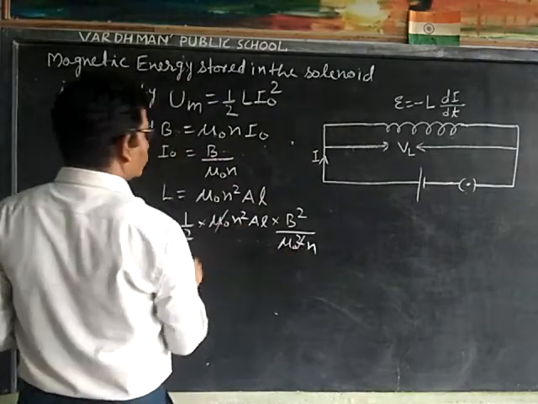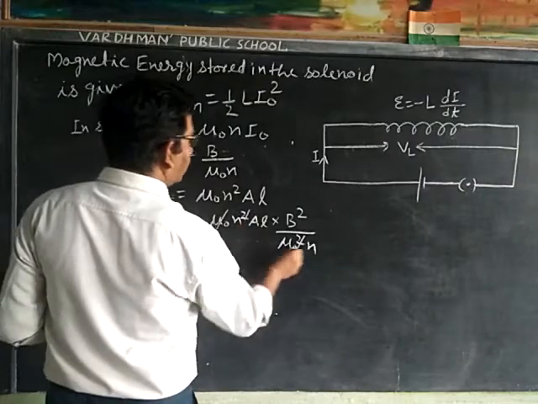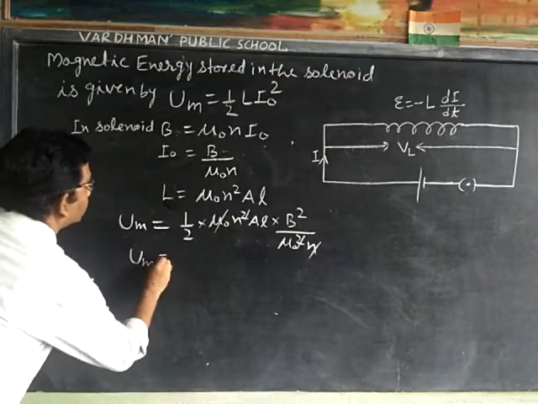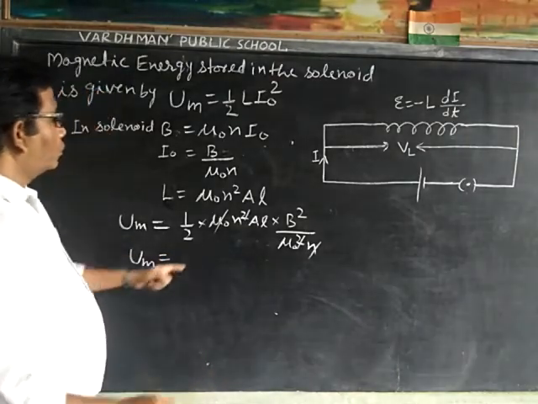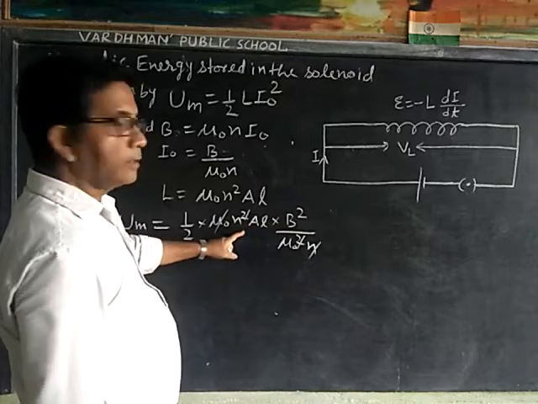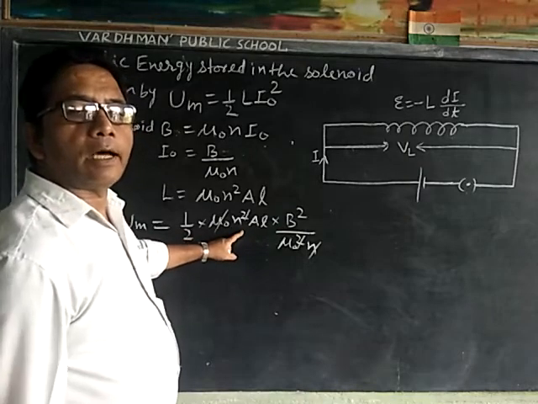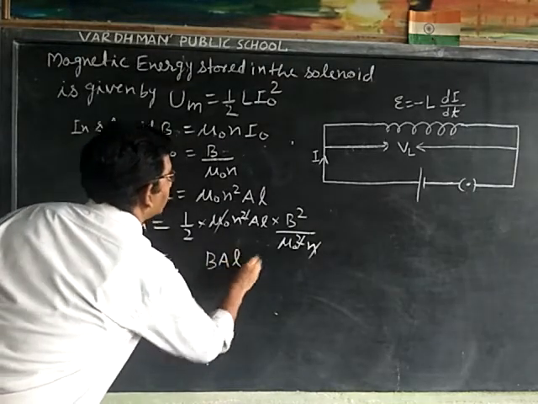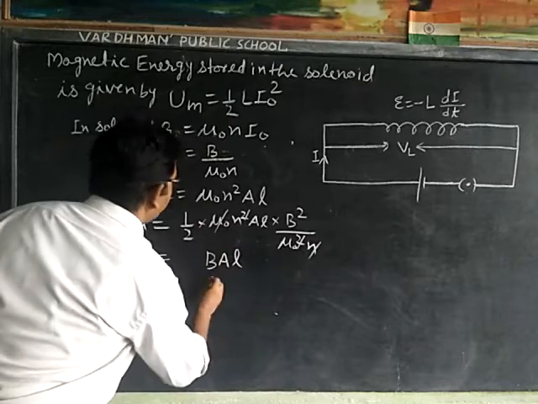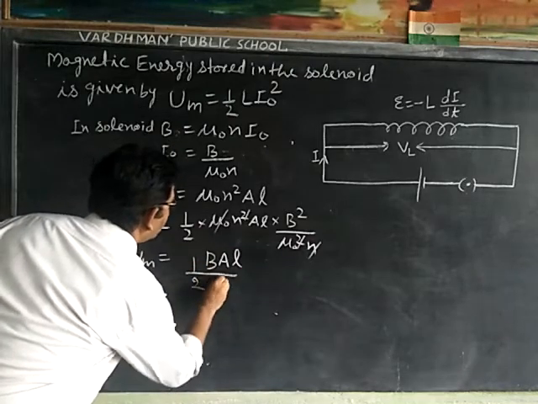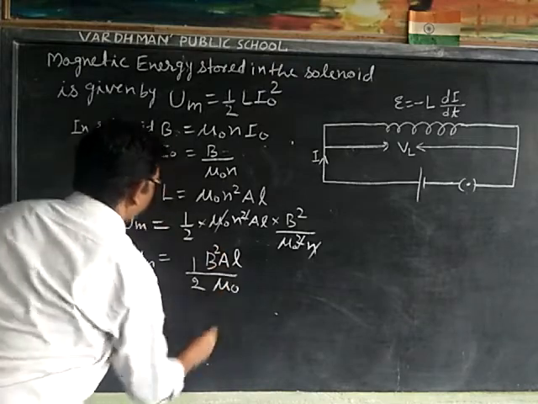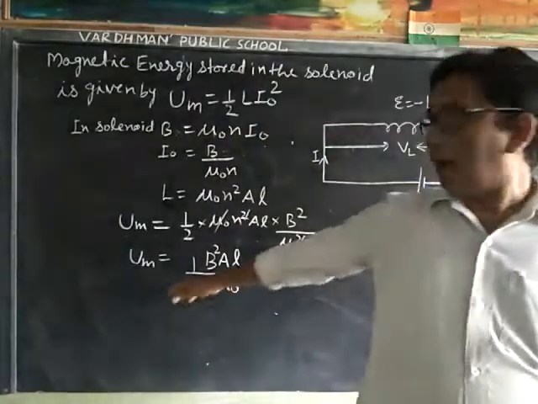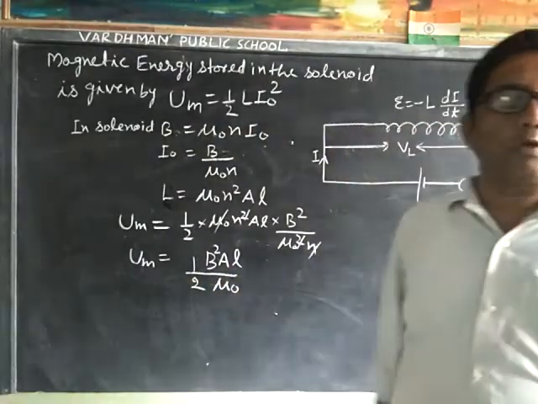Cancel mu 0, cancel n, then magnetic energy is equal to B square A l upon 2 mu 0.